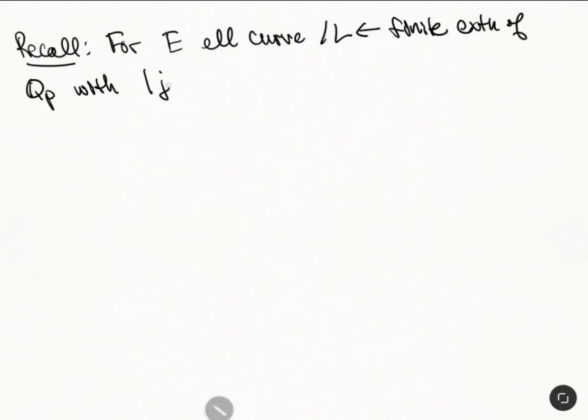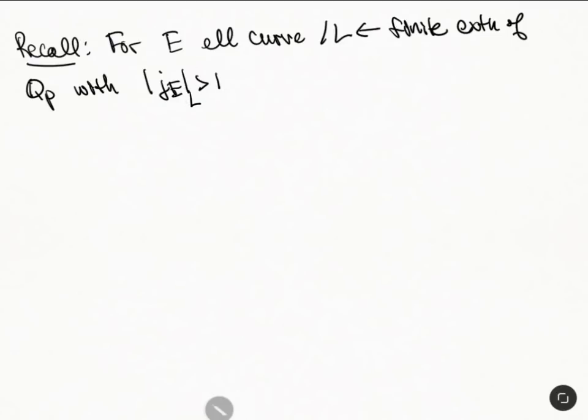So this is all on the back of the Silverman topics. So this is with the L norm. Here we're going to use that this is a finite extension, so this is a non-Archimedean norm, with the normalized norm.